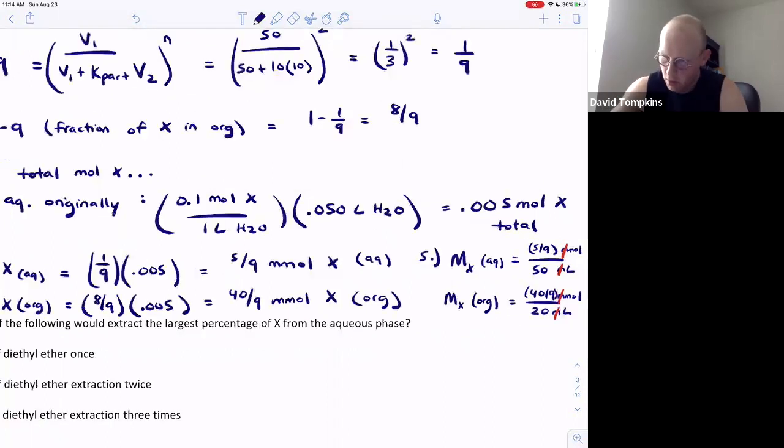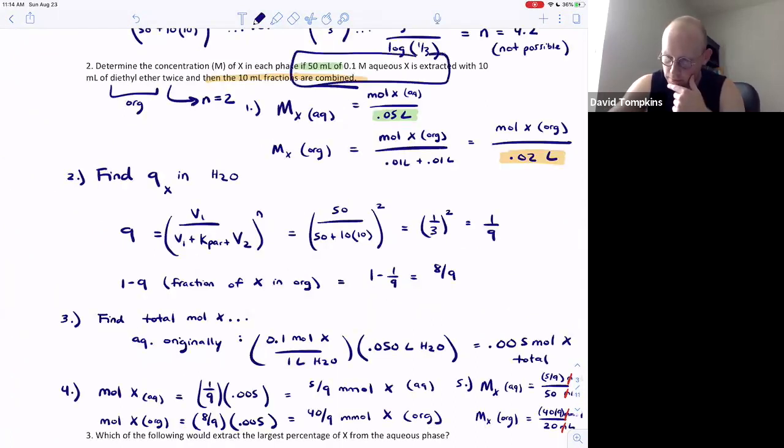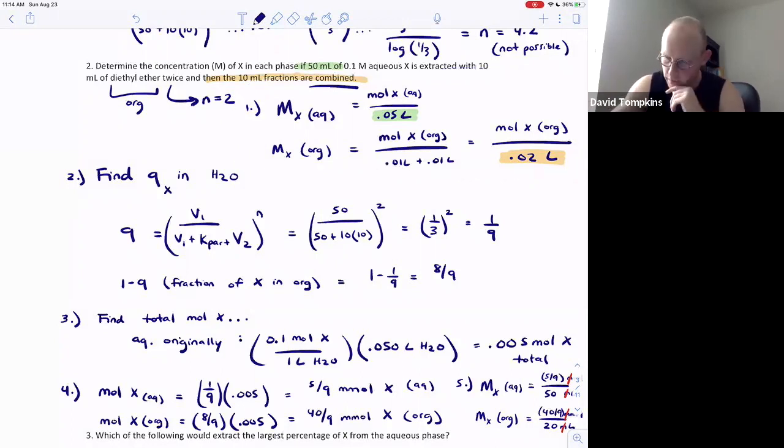So overall, if you're given an original concentration of some solute, and then you do an extraction, these are the steps you follow to find the final concentration in each phase after n number of extractions. We first write the molarity equations. It's just moles of X divided by the volume of that phase. And then we find the fraction that remains in the original phase after n number, or in this case, 2 extractions with 10 mL of diethyl ether.